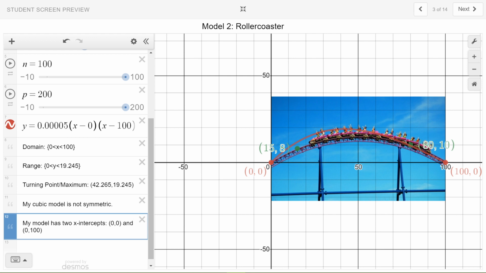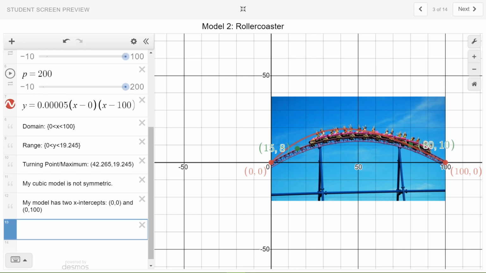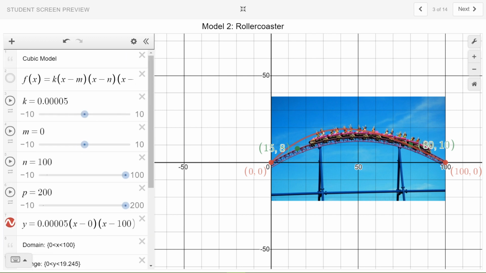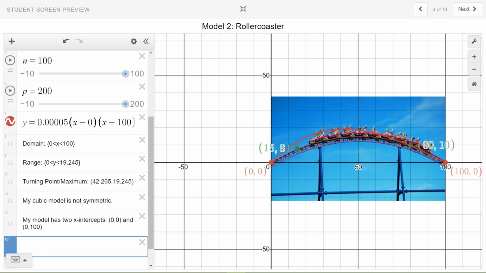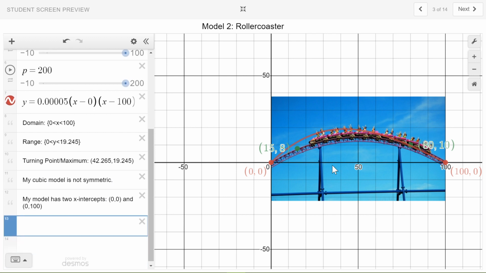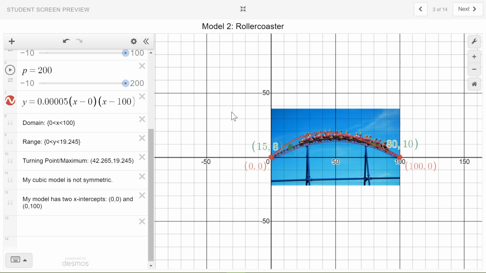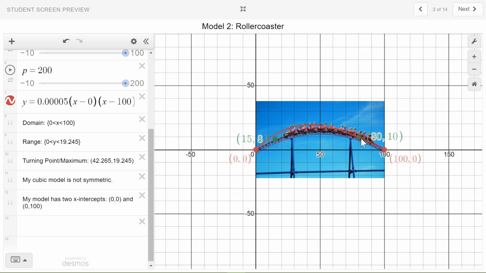I know that (0, 200) is an intercept, or a root, for my equation, but it's not on my model. And so I'm not going to write it. Once again, 1, 2, 3, 4, 5 properties that I've listed, and this is my model. Are there any questions? And I've also just checked to make sure it's close enough here, around 80.